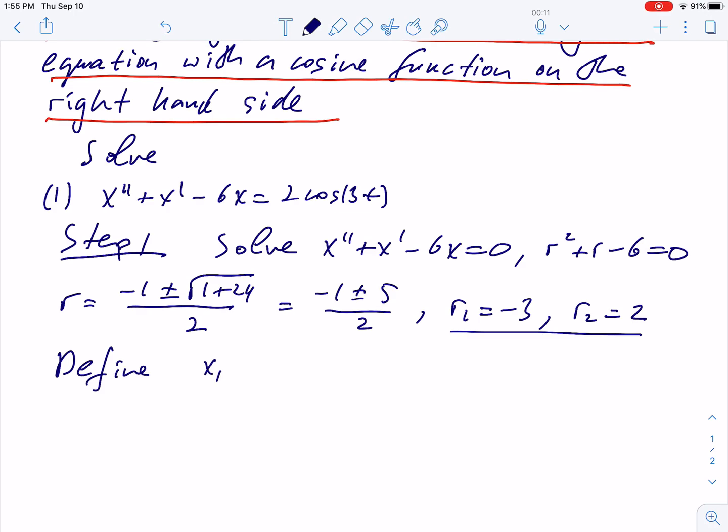And we define now two independent solutions for the homogeneous equation. x1 is exponential -3t, the first one, x2 is exponential 2t.